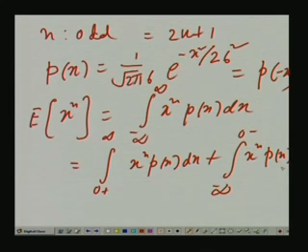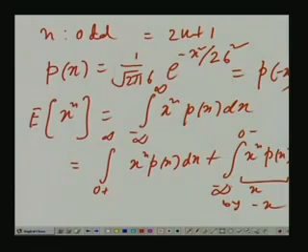For this integral, replace x by minus x. What happens? The limits become plus infinity, dx is minus dx, so a minus will come. This will become plus infinity, this will become 0. So, you reverse it.